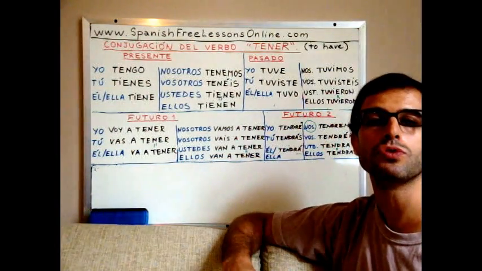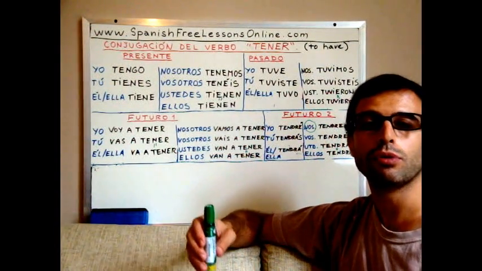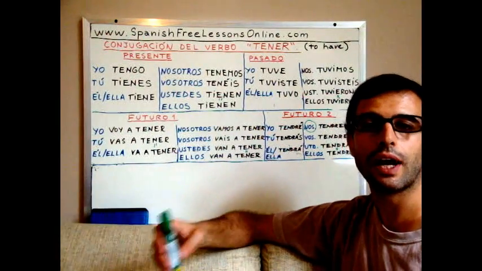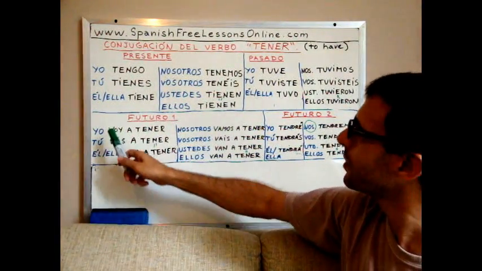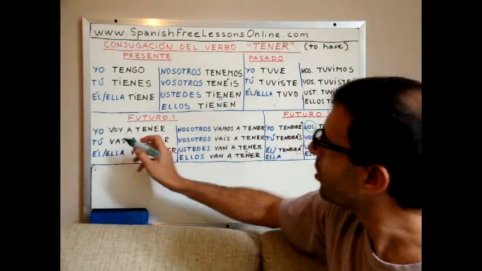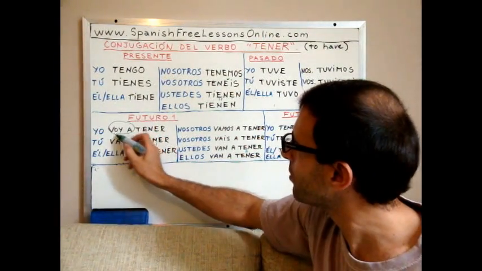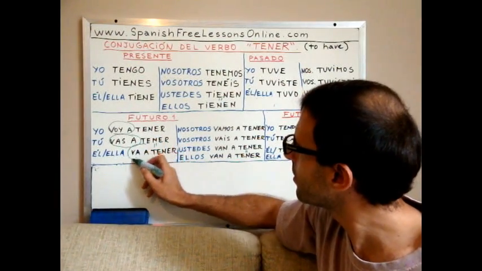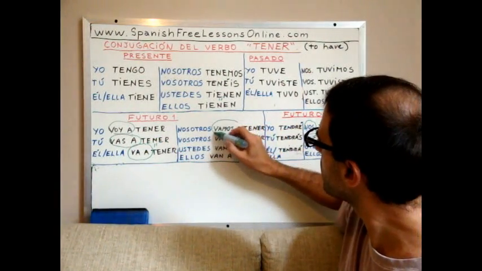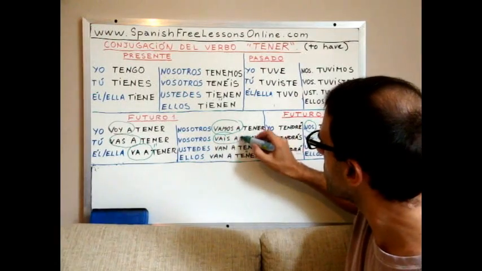For example, I want to conjugate the verb to like into future tense. I will like, he will like, right? Same thing here. This remains always the same for whatever verb you want to conjugate, right? This will always remain the same.